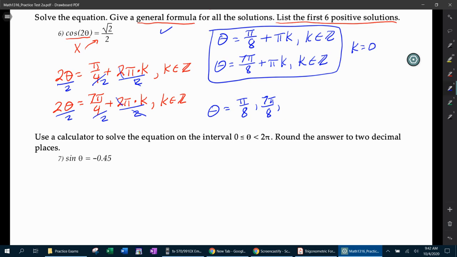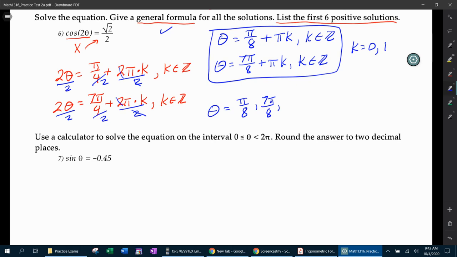So after we plug in a 0 for both of those, then we're going to plug in a 1 for k. Okay, we're plugging in 1 for k. So for the first formula, it's going to be pi over 8 plus pi.